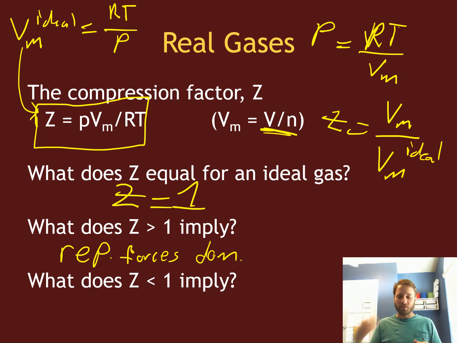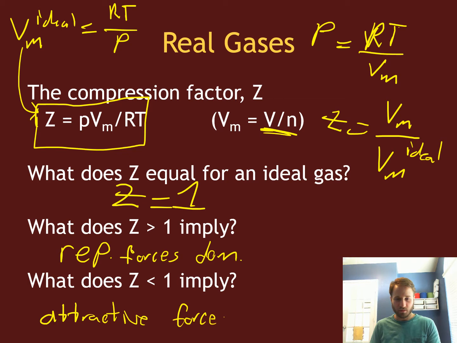It makes fewer collisions, and it's not going to take up as much volume, because things are more attracted to each other and condense down a little bit because of attractive, favorable interactions. And so these have attractive forces dominating.